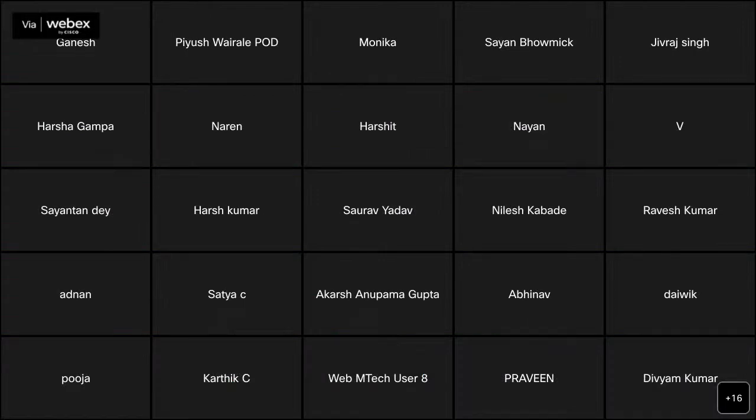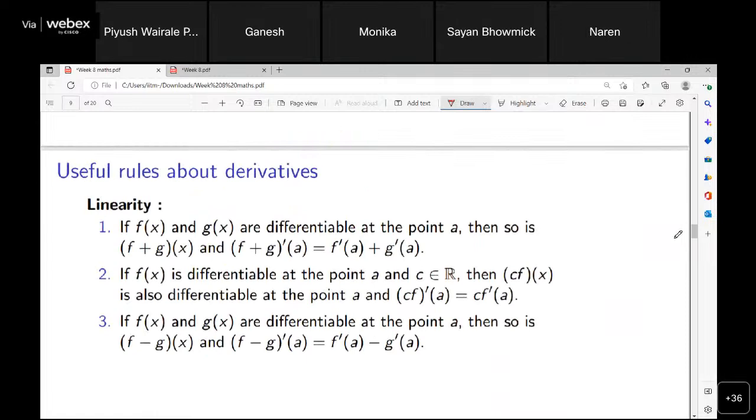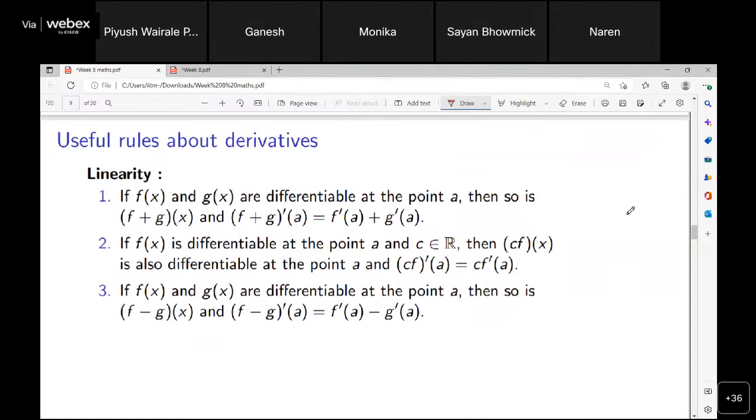In that question, the extra information is only misleading us. You have to ignore it. That is, f of x equals 0 when x is irrational. That statement is not required in that question. They have given a piecewise function, equal to 0 for irrational numbers, but we are talking about differentiability at x equals 0.